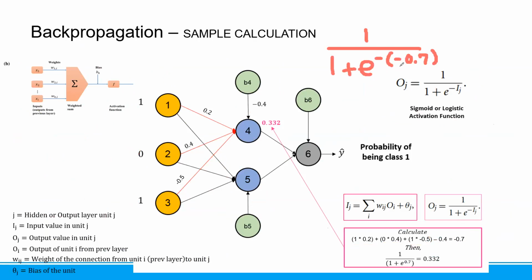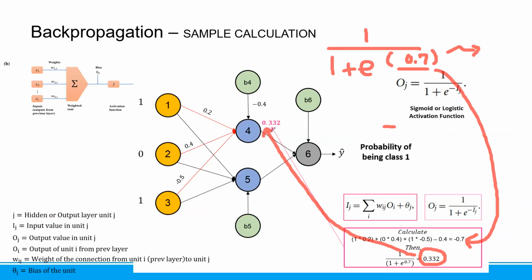How can we get minus 0.7? This is from this number. We have minus and minus, so it will be positive. So we have the formula 1 divided by 1 plus e to the power of 0.7. Then the value is 0.332. So we put this number into this unit.